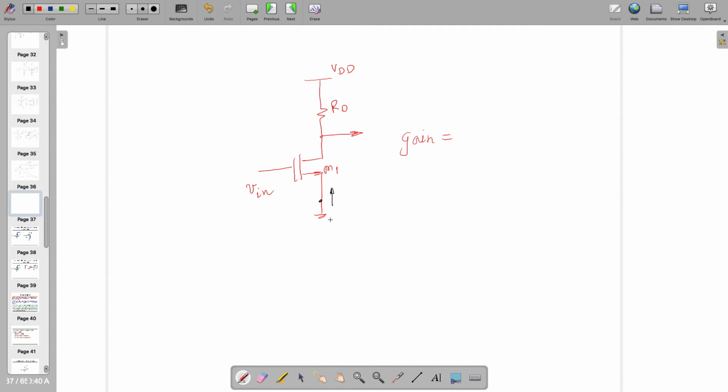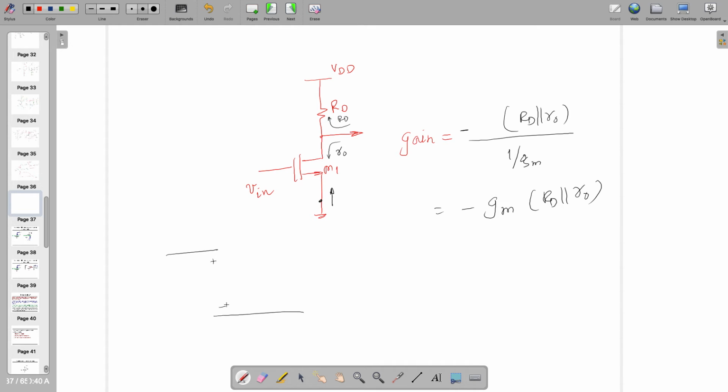This side is 1 by GM, no problem. What about here? This side is RO and this side is RD. So it's minus GM times RD in shunt with RO. Same thing you can confirm by drawing the small signal model.